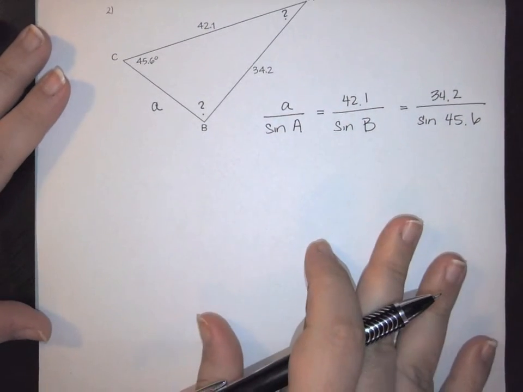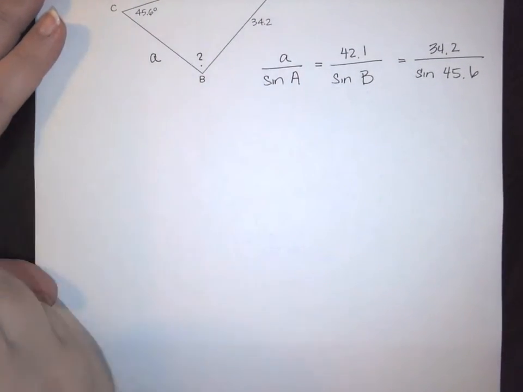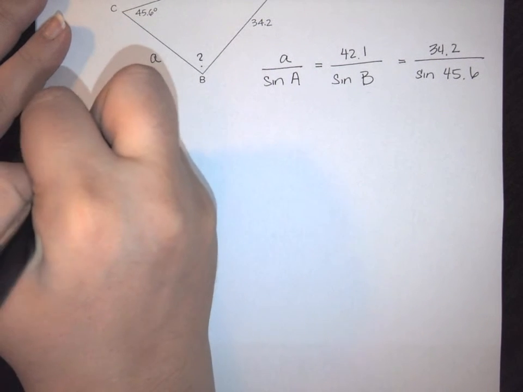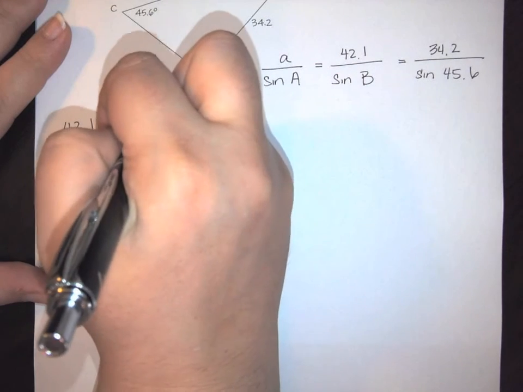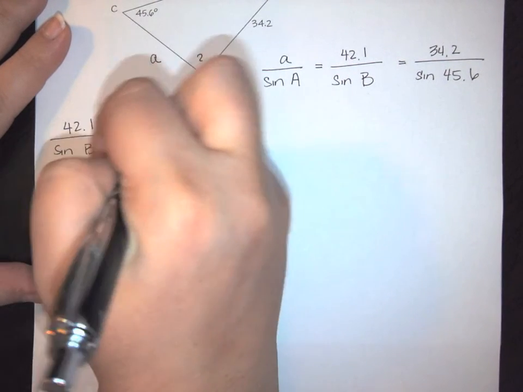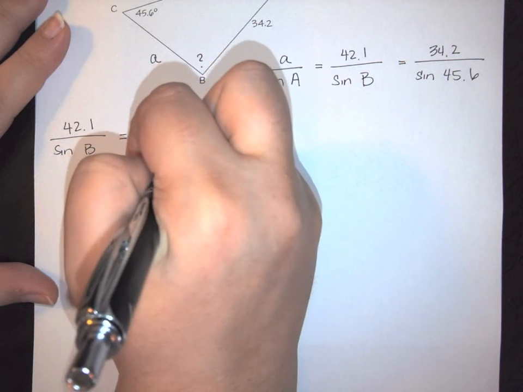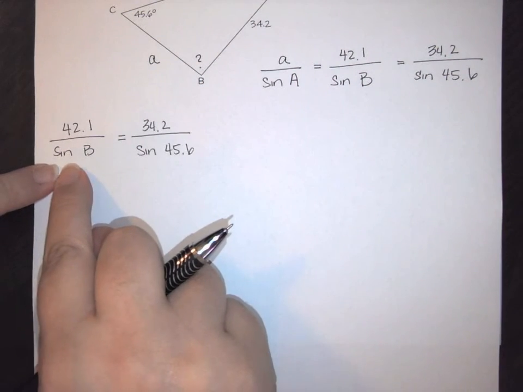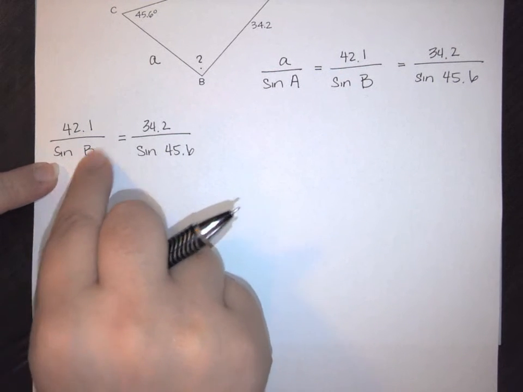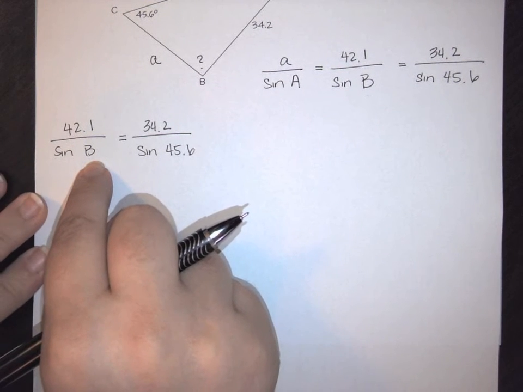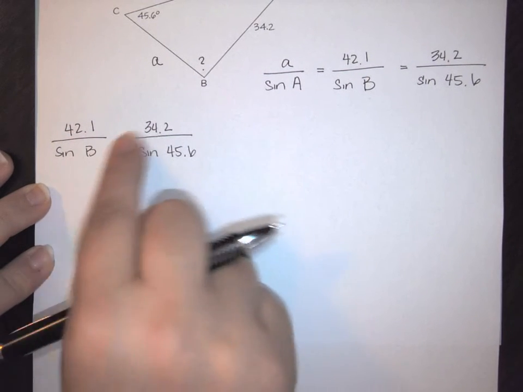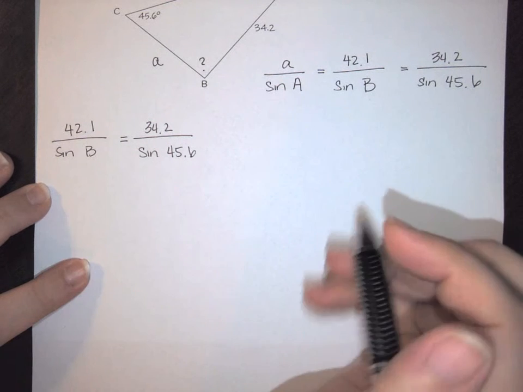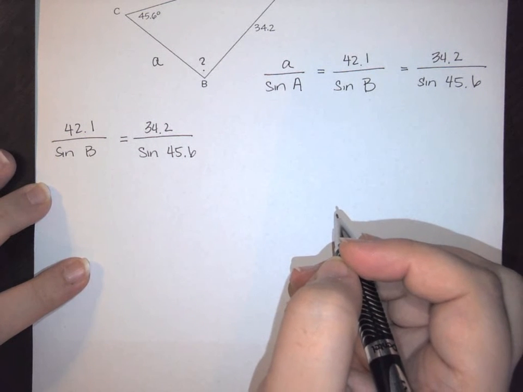So this is going to lead us down to doing 42.1 sine of 45.6 is equal to 34.2 sine of B. Divide everything by my 34.2. 42.1 sine of 45.6 all over 34.2 is equal to the sine of B.